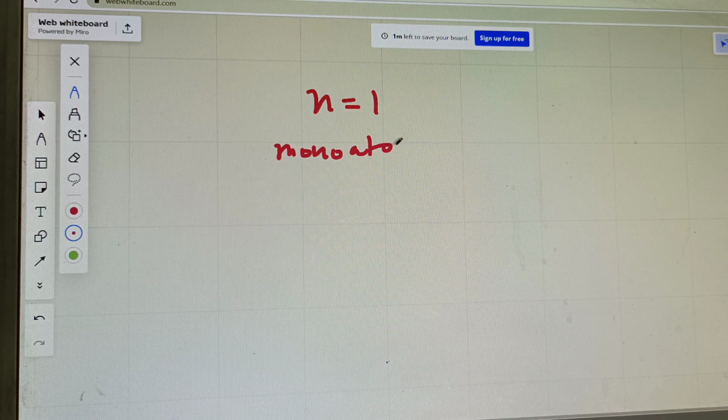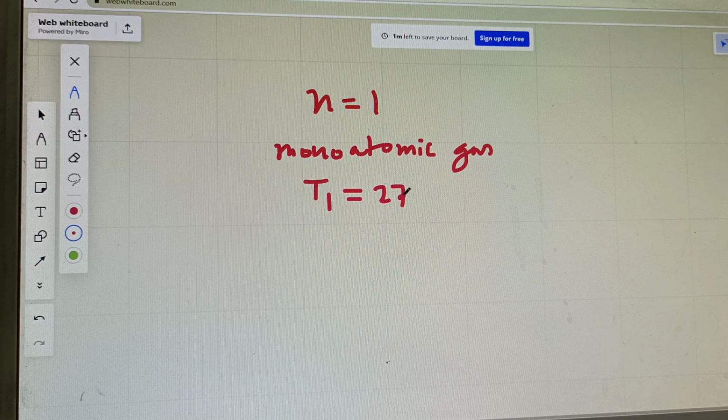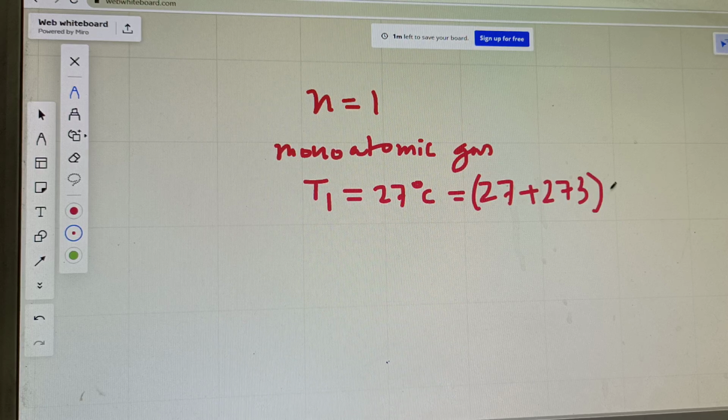The initial temperature T1 is 27 degree Celsius, that is equal to 27 plus 273 Kelvin, that is 300 Kelvin.